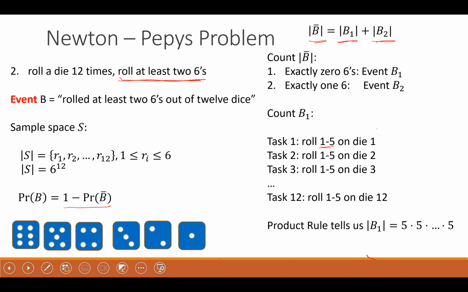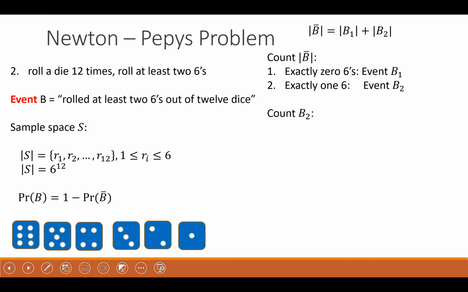So it's 5 to the power 12. Or I can use the product rule, or map it to the number of strings where I use characters 1 through 5. So B1 is 5 to the power 12.